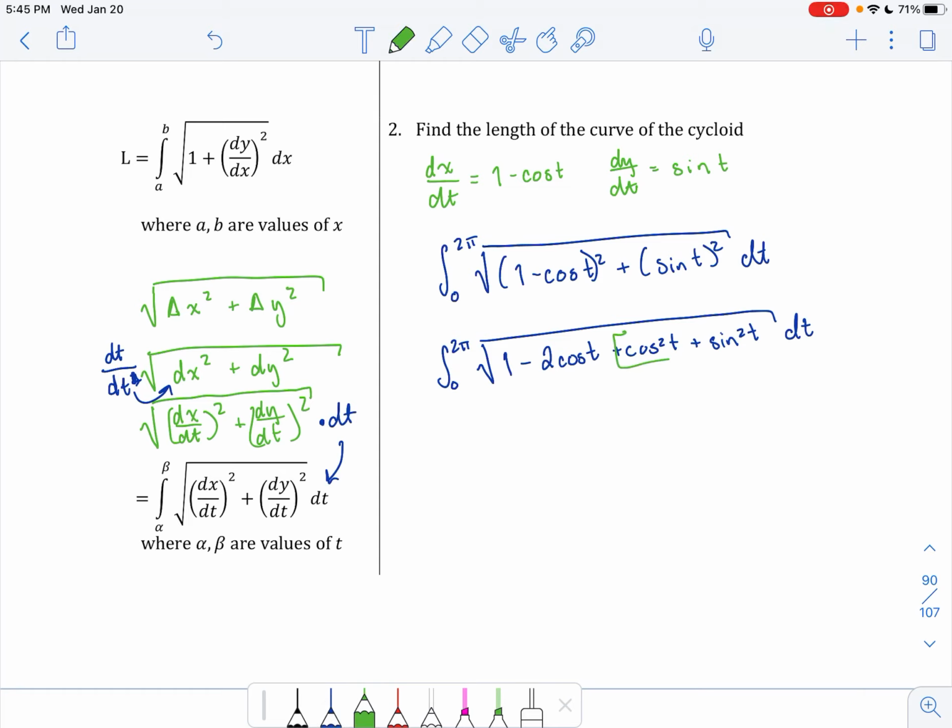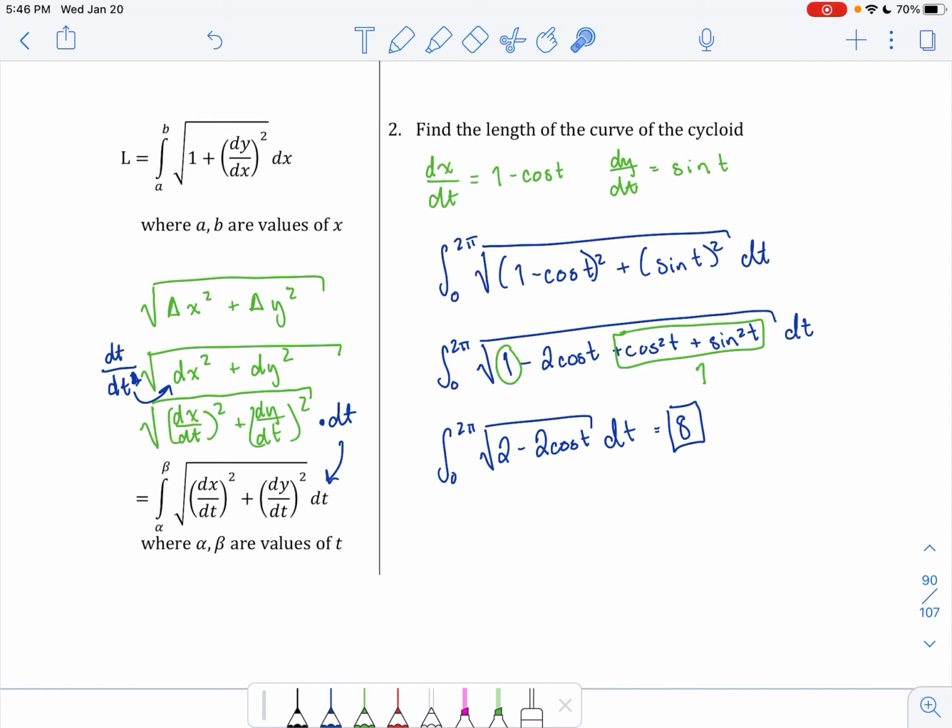As I would hope that you recall, cosine squared plus sine squared is just equal to 1, so we can add that to its like term, and this becomes the integral from 0 to 2 pi of the root of 2 minus 2 cosine of t. Again, I will jump ahead to keep this video from being too long. You can do algebraic substitution here, and the correct answer is 8. You can also use your calculator if it is a calculator problem.